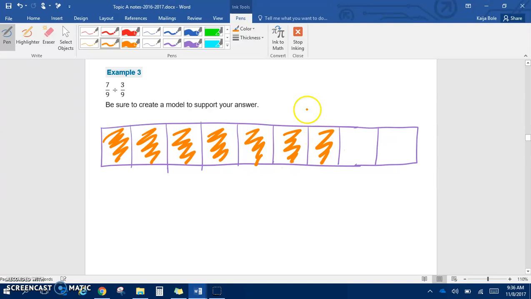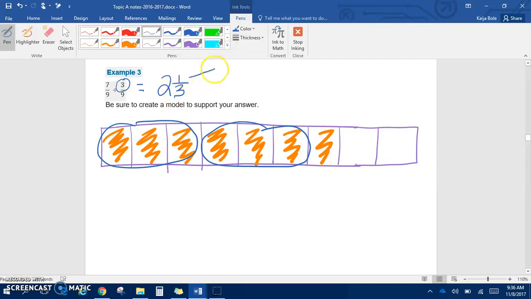Now I'm circling groups of 3 because we are dividing by 3/9. So here's one group of 3, and now we have 2 groups of 3. Notice we have this one left over. So our whole number would be 2, because we have 2 full groups. And then we have 1 box left over out of the 3 that we were shading in groups.